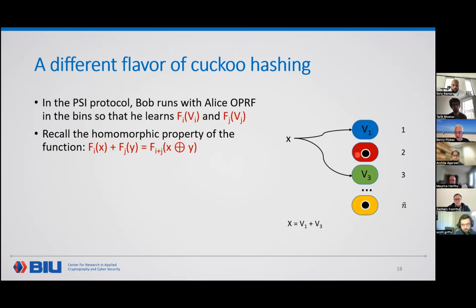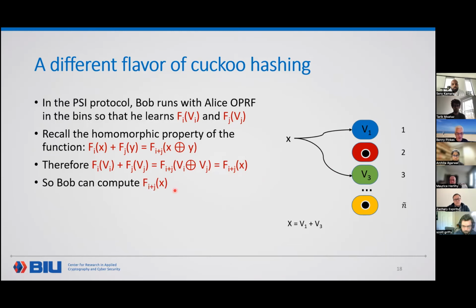Bob put here and here two values whose XOR is X. So if he takes what he learns here and here and XORs them, he's going to learn Fi plus j of X. So instead of learning Fi of X or Fj of X, he's going to learn two values, sum them, and learn F of i plus j of X.